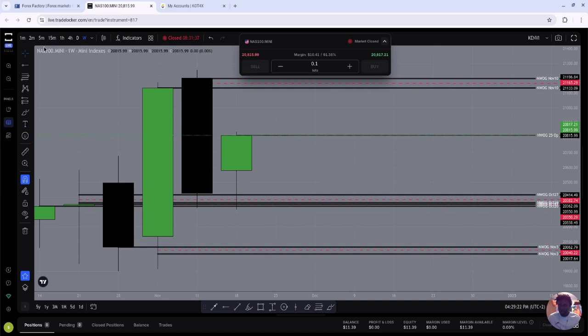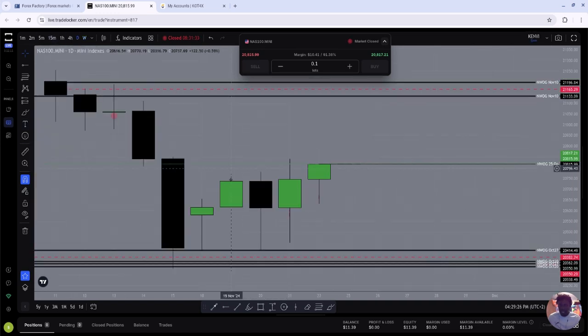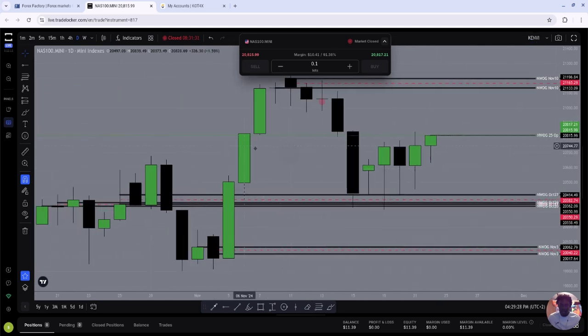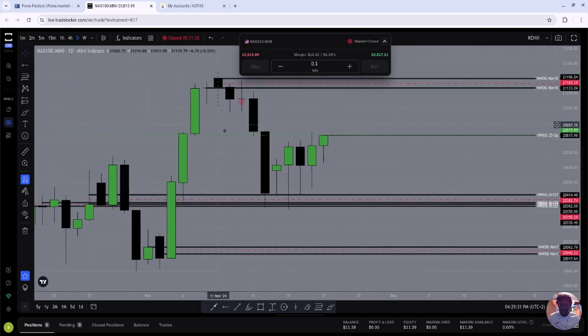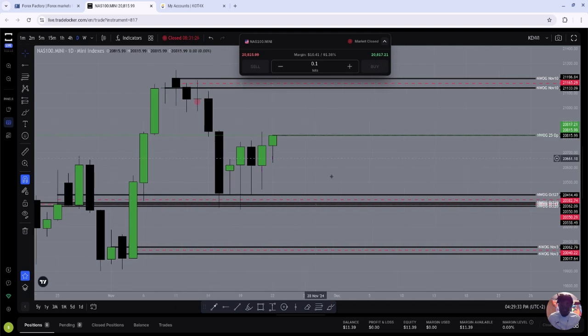Let me see, I'm trying to find this tool. So yeah, I believe it's gonna go lower. Now we'll go to the daily. I believe price is gonna come back down here and maybe enter into this fair value gap that we call, well, it's really a BISI, buy side imbalance, sell side inefficiency, because the buy side is efficient and the sell side is lacking, so that's why it's called that.